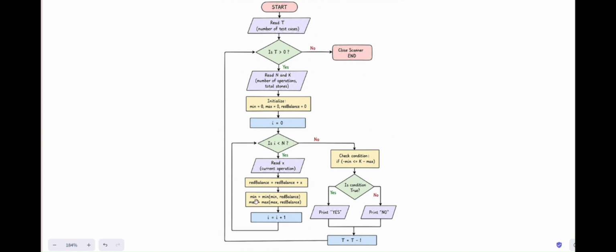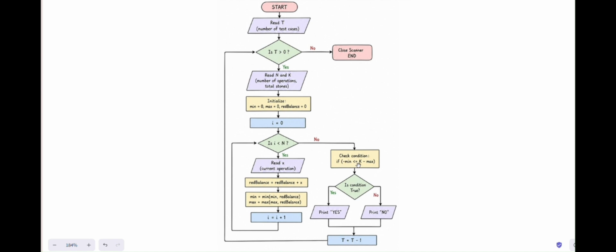So minimum will store the minimum of the red balance, and maximum will store the maximum of that red balance whichever came while we iterate through the loop. Okay, so let's check the condition for this.